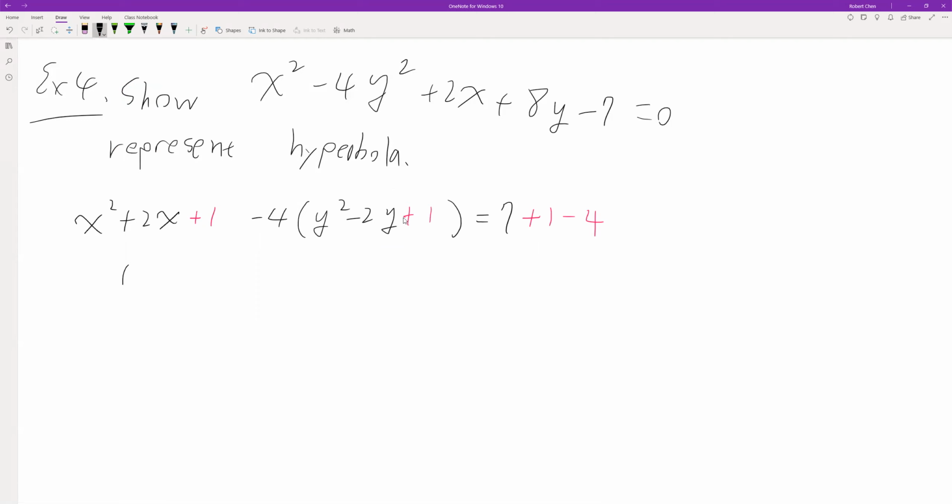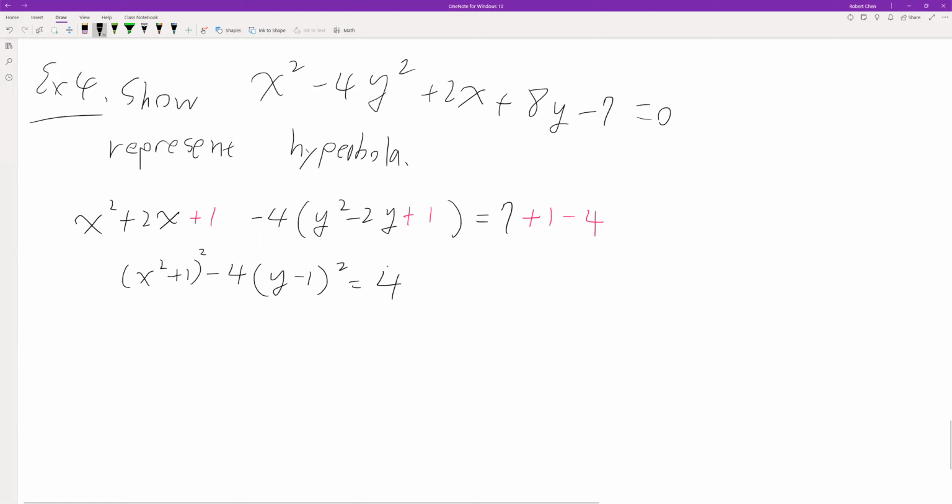And next, we can complete the square. This is going to be (x plus 1) squared minus 4 (y minus 1) squared, forgot the square, is equal to 4. Okay. Now, to show that this is a hyperbola, I need to make this 4 a 1.